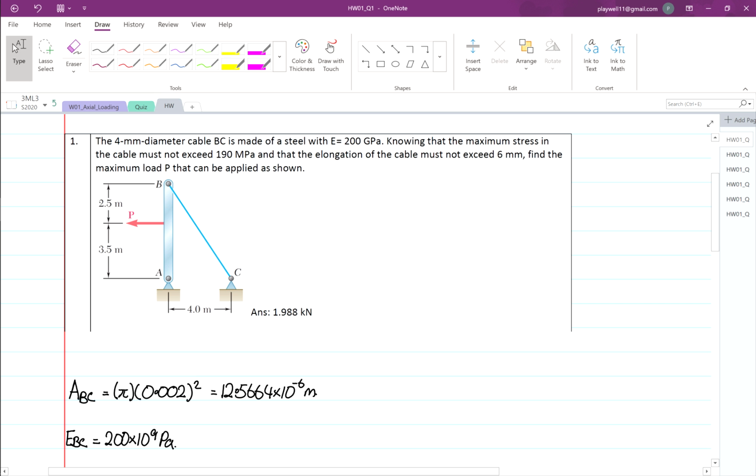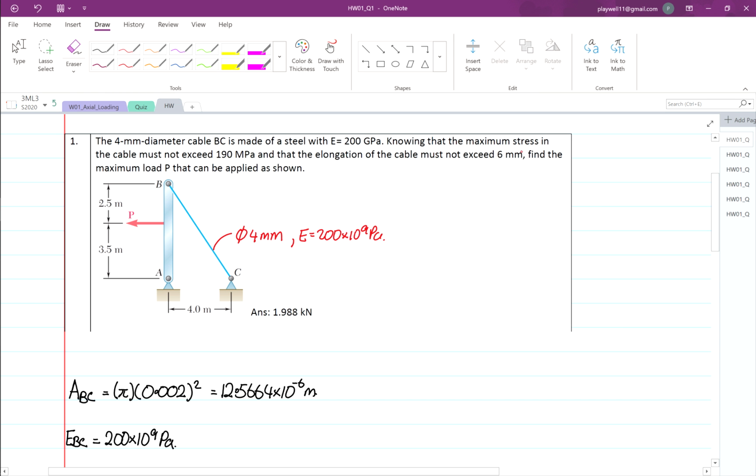For this structure, we're given that the cable has a diameter of 4 millimeters, and it's made of steel with a Young's modulus of 200 times 10 to the power 9 Pascal.